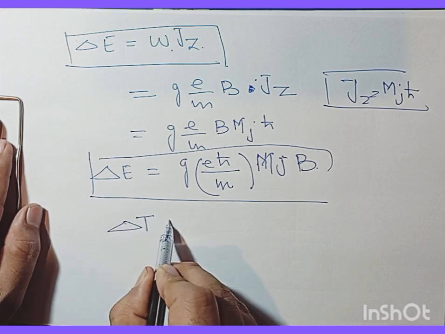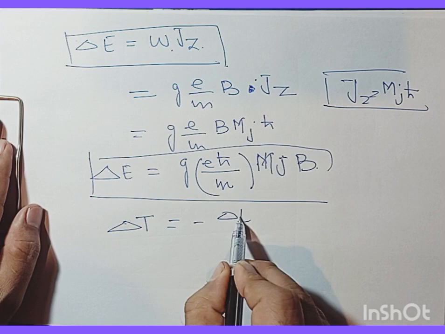So this delta nu tilde will be minus delta E by hc.